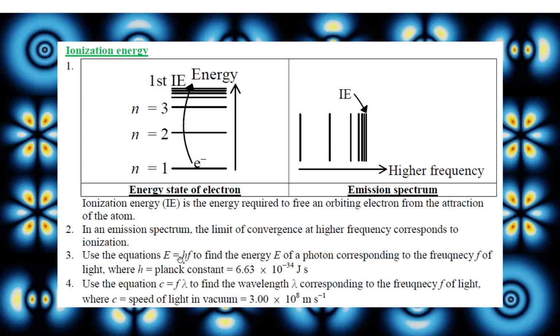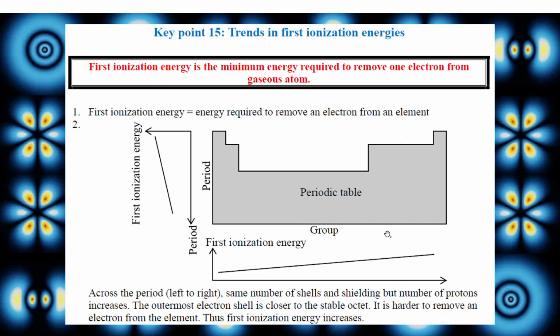And after finding f, we can find lambda by c equals f lambda. c is the speed of light. So you can see you encounter calculations with big numbers and small numbers, so make sure you use your calculator more, get used to it. And then about the trend in first ionization energy, you need to remember it, but the explanation is here.